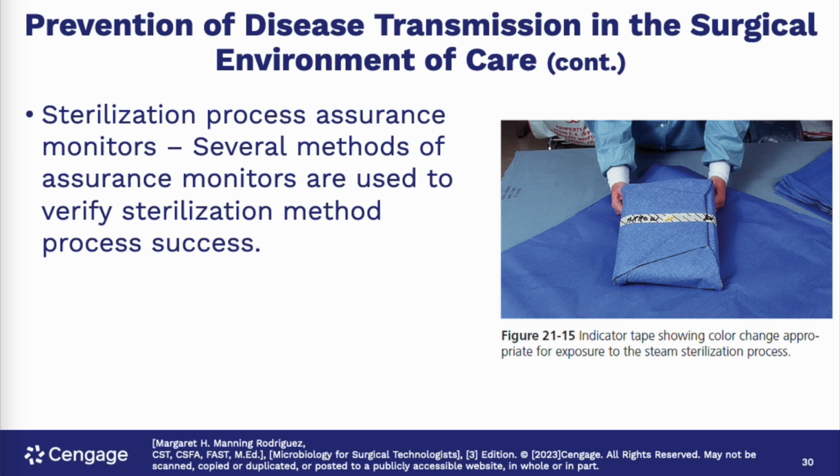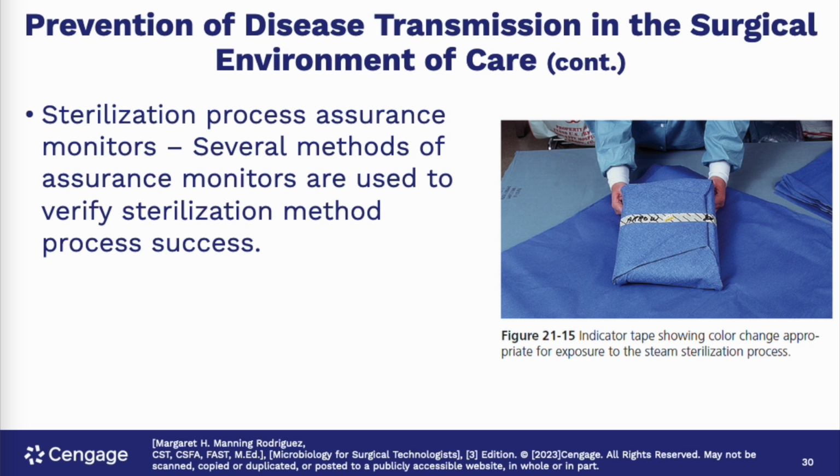Now, the sterilization process assurance monitors are essential tools to verify the effectiveness of sterilization methods. They help ensure that all items are properly sterilized and safe to use in patient care. Now, in figure 21-15, you see the indicator tape showing the color change, okay? Letting us know that the appropriate amount of exposure for the steam sterilization process has taken place.